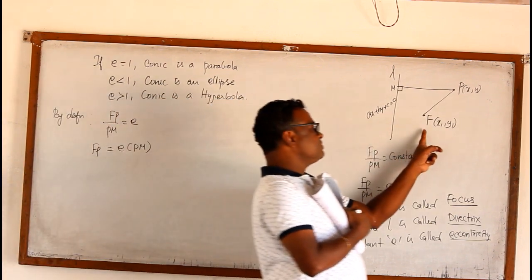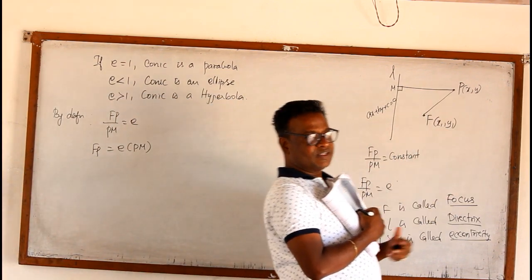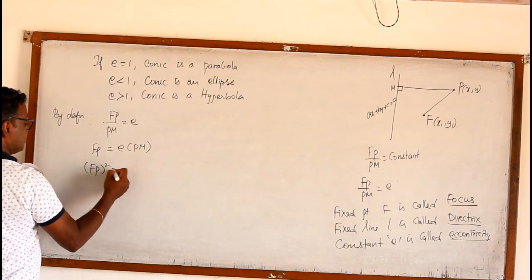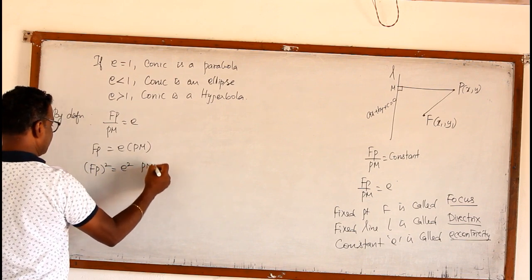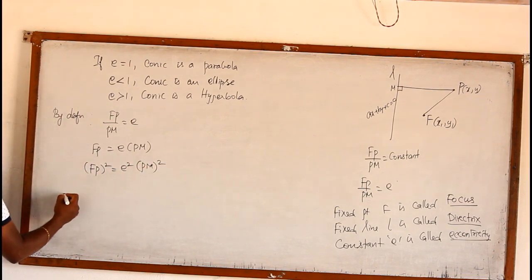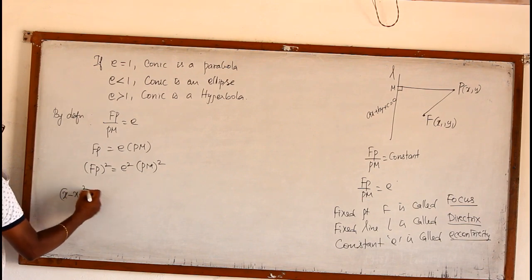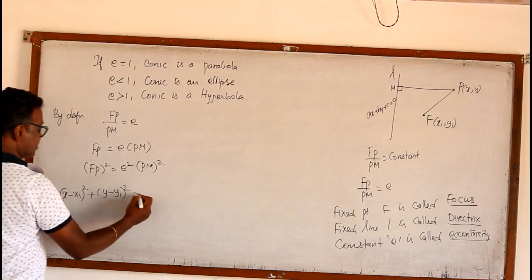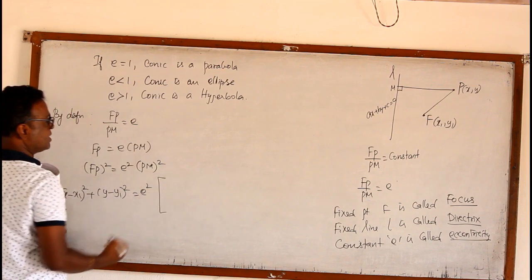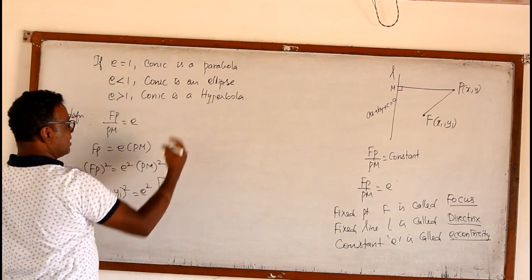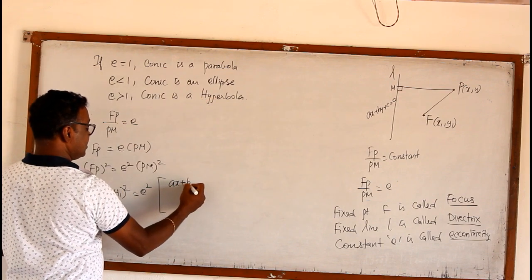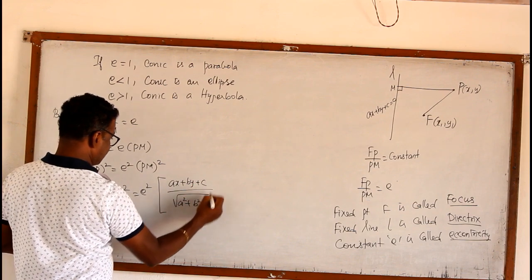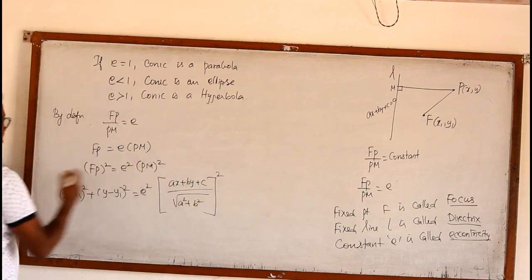FP means the distance between the fixed point and the moving point, which is a square root. To avoid the root, shall I square on both sides? FP square equals E square into PM square. Then FP square is (x minus x1) the whole square plus (y minus y1) the whole square. Then the perpendicular distance from P to M is (ax plus by plus c) by root of (a square plus b square), and we need its square for PM square.